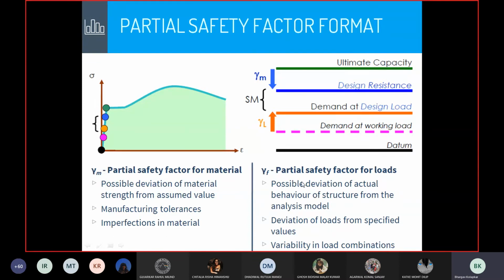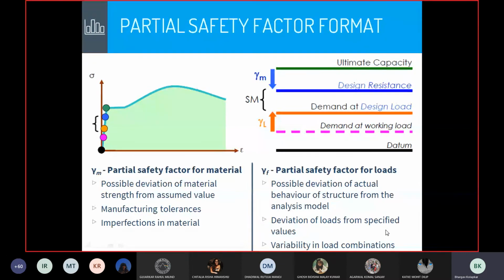We need a partial safety factor for loads because we have assumed a certain value of load, but it might be different. I might have designed my structure, say, for the use of a hostel, but tomorrow it is converted into a classroom and the live load has completely changed. Therefore, there's always a possibility of deviation of loads from the specified values. Then there can be a variability in load combinations.